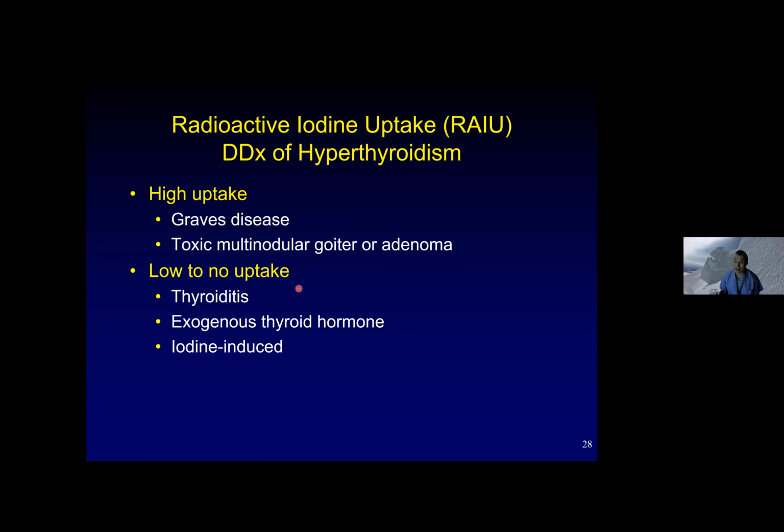If somebody is taking thyroid hormone exogenously, for instance, it can be prescribed by some providers as a way to enhance weight loss, which is of course inappropriate, but that can cause a picture of hyperthyroidism with a cold scan. And then if the patient is taking iodine, that can also cause hyperthyroidism in a low scan.